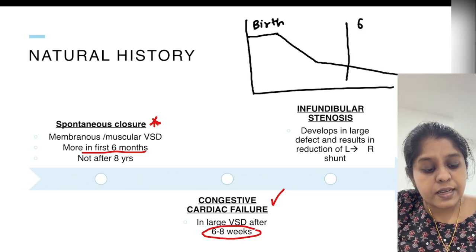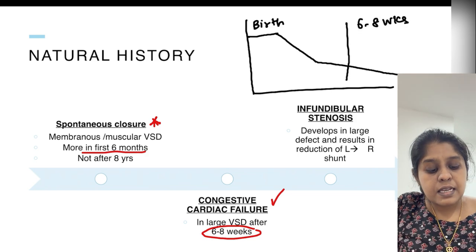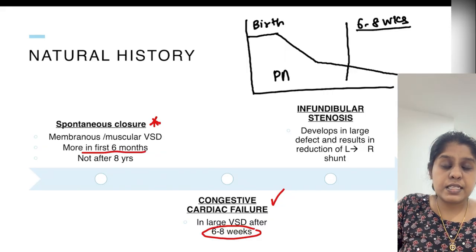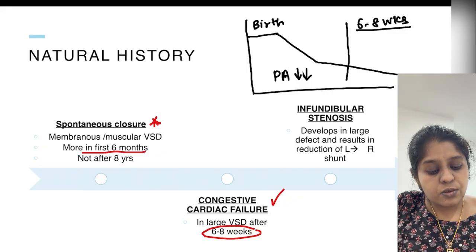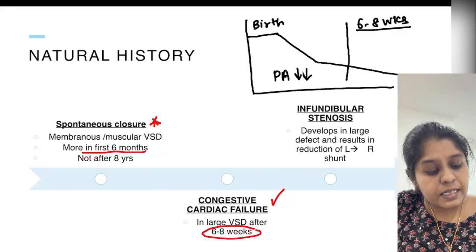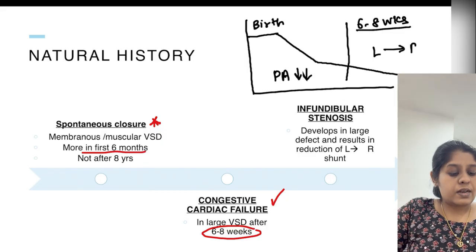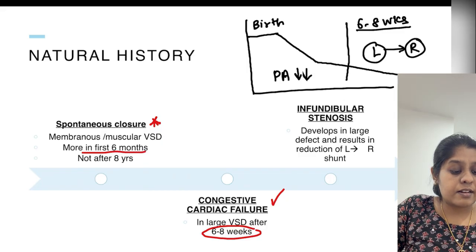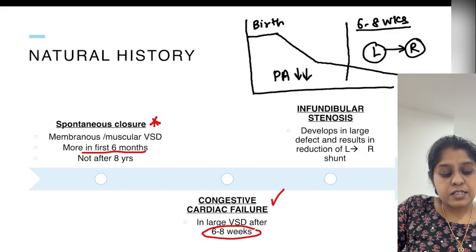After 6 to 8 weeks, the pulmonary arterial resistance will be lesser compared to the systemic vascular resistance. So when this happens, there will be an increase in the left to right shunt, which will lead to congestive cardiac failure. Then in large types of VSDs, there will be a reduction in the left to right shunt because of infundibular stenosis.